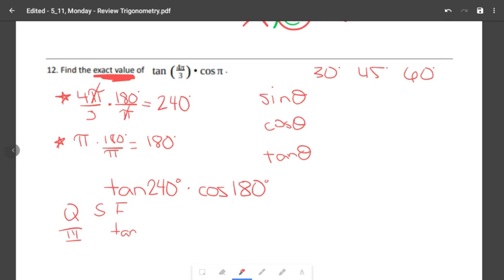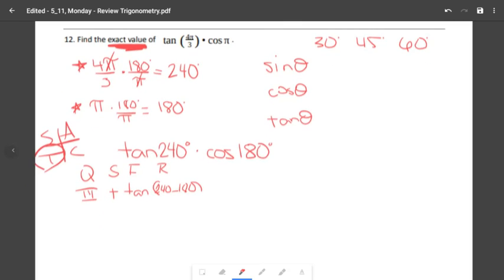Our function is tangent in the third quadrant, doing ASTC. Tangent is positive there. And R stands for reference angle. The reference angle for the third quadrant is theta, your angle, minus 180.